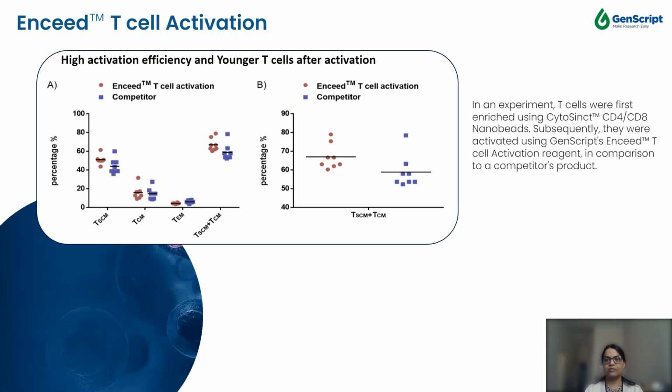and subsequently they were activated using the GenScript T cell activation reagent, which was also compared to a competitor product. As we show in the results, the GenScript T cell activation reagent provides high-fold expansion while maintaining stable memory phenotypes and ensuring enhanced downstream application by preserving high cell viability.